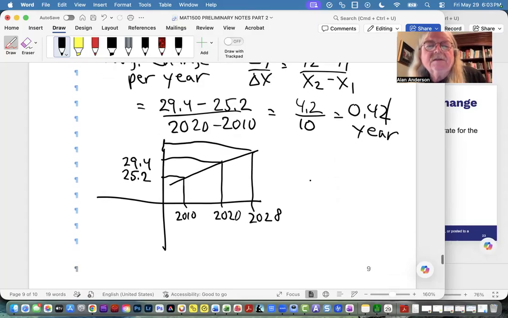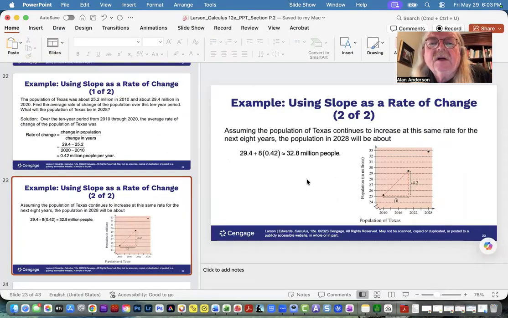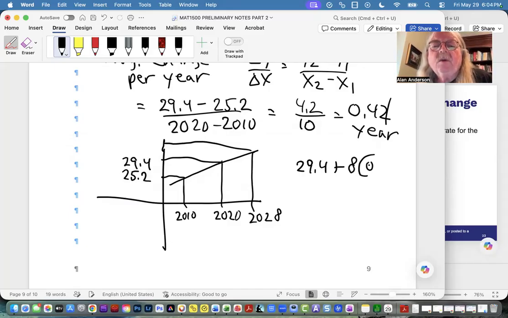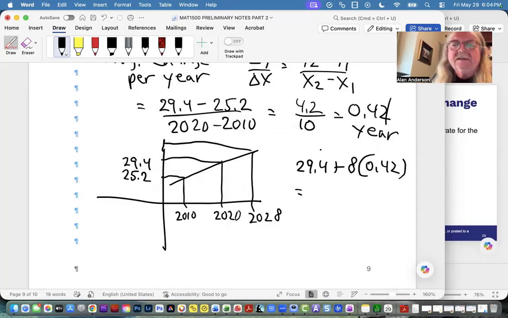So one way to do this is to say, well, we're currently at 29.4. And then in 8 years, if we increase by 0.42 per year, we're going to have, let's see what that is, 32.76.